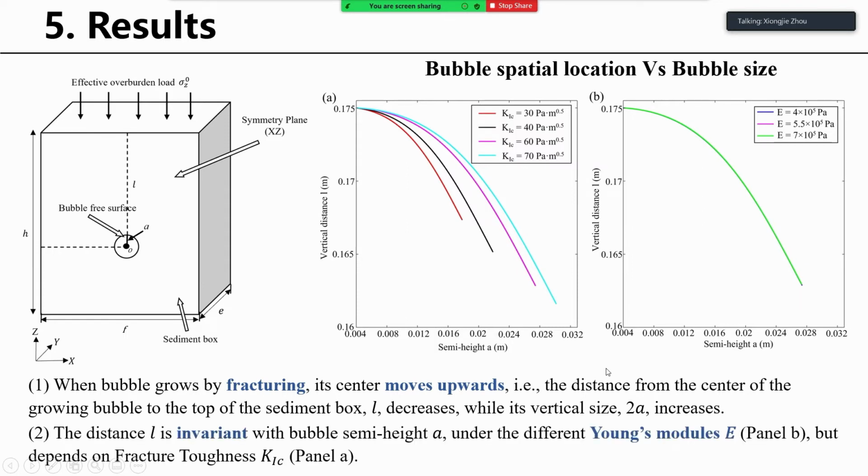The distance is invariant with bubble semi-height A under different Young's modulus, but depends on the fracture toughness, as we can see from the picture.